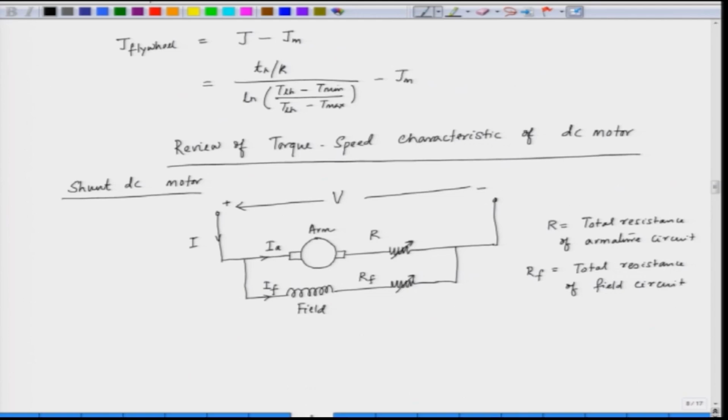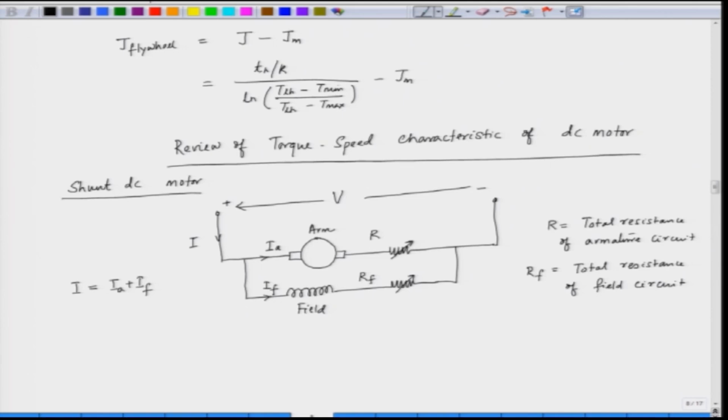So, we can write down some equations. First of all, I is equal to the current which is drawn from the DC power supply, which is equal to the armature current plus the field current, I equal to IA plus IF.